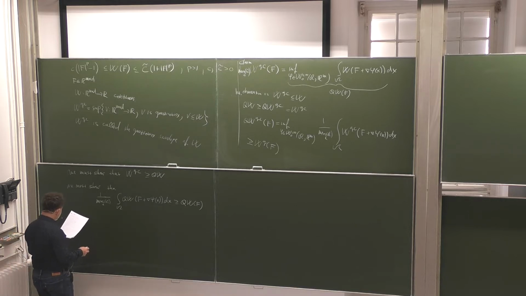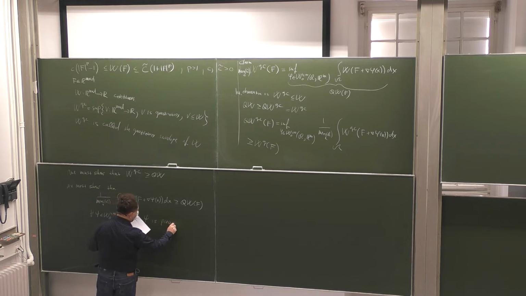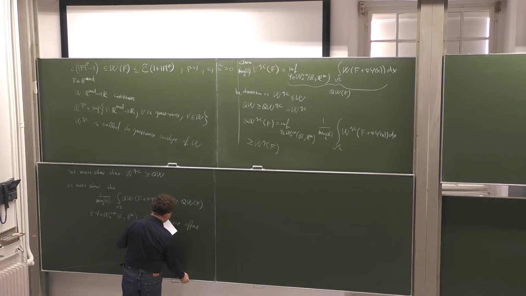So what you can say is the following. For every ψ which is in W^{1,∞}_0(Ω; R^m) and ψ is piecewise affine, and it means finitely many pieces.